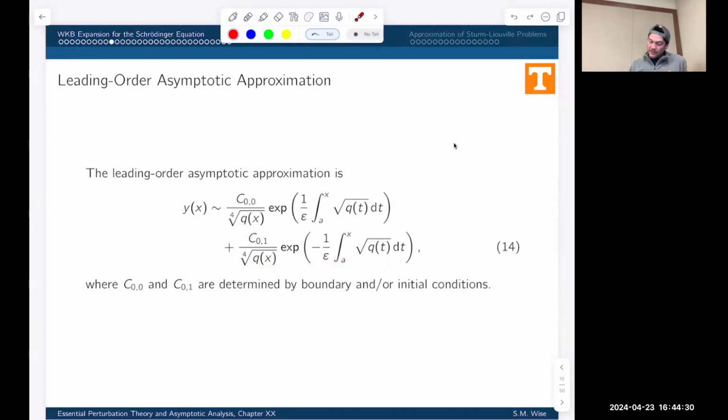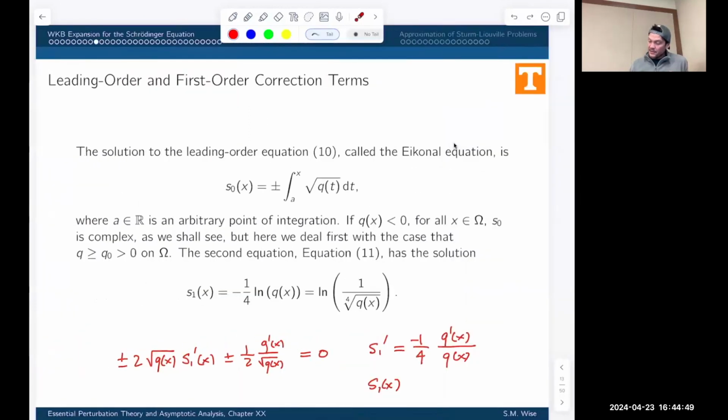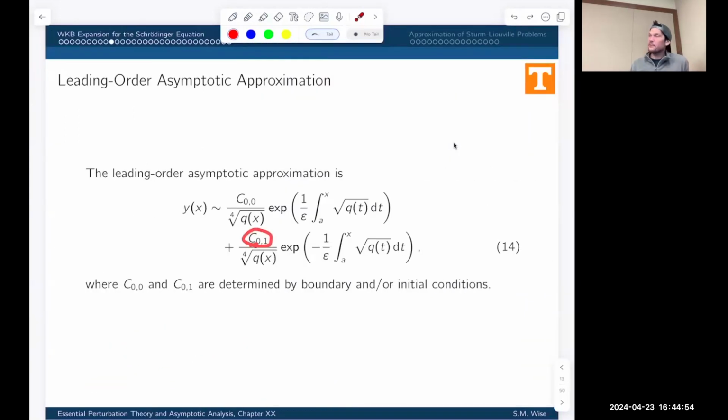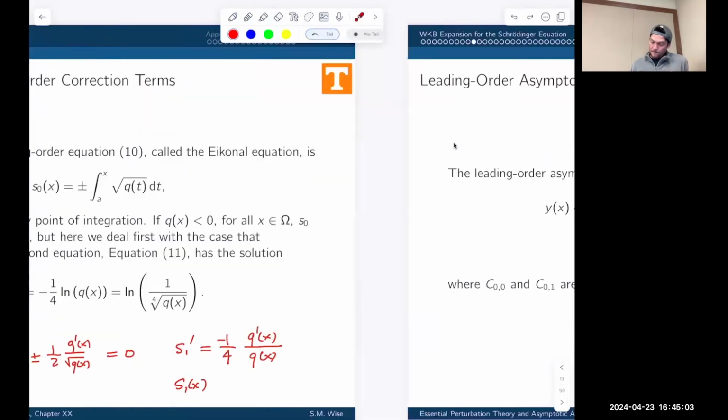Now, remember the first order term, what does that look like? It's going to be epsilon times S1, but I'm dividing the whole thing by an epsilon. So that's an order 1. So this constant, if we were to leave it here, is an order 1 constant, and it can get absorbed by this order 1 constant. Where does this guy come from? This comes from taking the exponential of the log of this term.